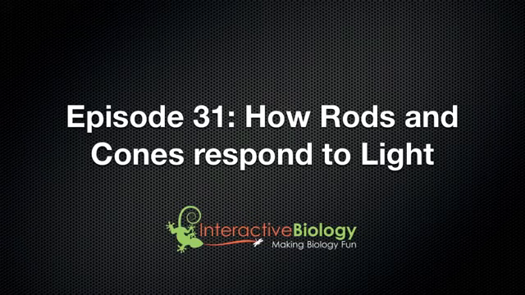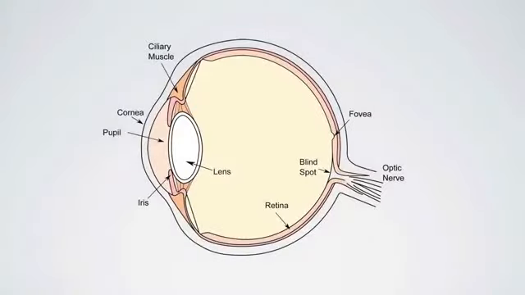My name is Leslie Samuel, and in this episode, episode 31, I'm going to talk about how rods and cones respond to light. Now, let's do a little bit of a review. We've been talking about the eye. We said that in order for us to see something, light bounces off an object, and in the previous episode, we said that that object was an attractive young lady.